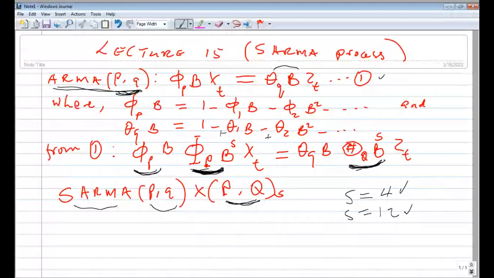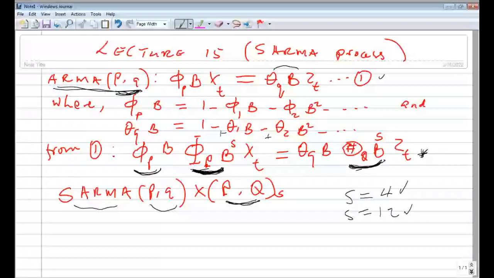So now we have got SARMA PQ PQ. So the question is, this SARMA PQ PQ is representing the backshift operator up there. This equation.